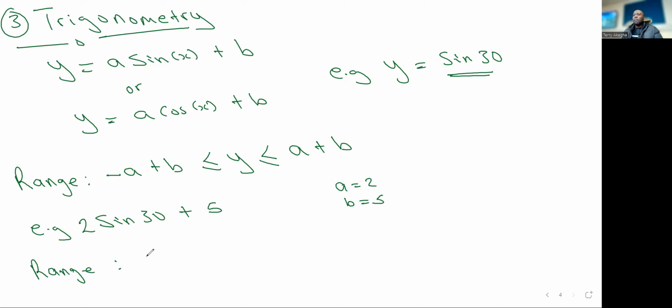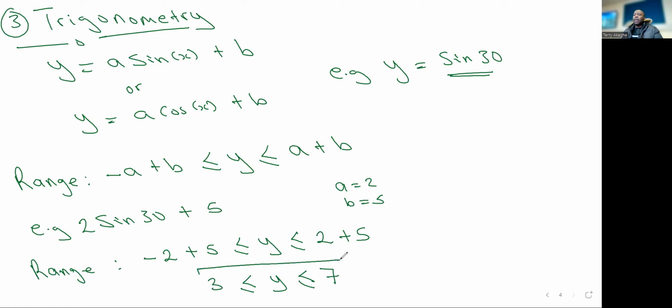So it's going to be minus 2 plus 5, less than or equal to y, less than or equal to 2 plus 5. Minus 2 plus 5 gives you 3, so 3 is less than or equal to y, less than or equal to 7. And that will be the answer for this.